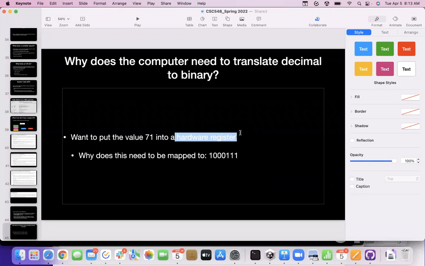Tell me about that. You'll have to unmute yourself because I muted everyone, so we didn't have all the background noise. Does anybody want to take a stab at why, when the human being says, I want to put 71 into register 3, the computer had to turn it into this?